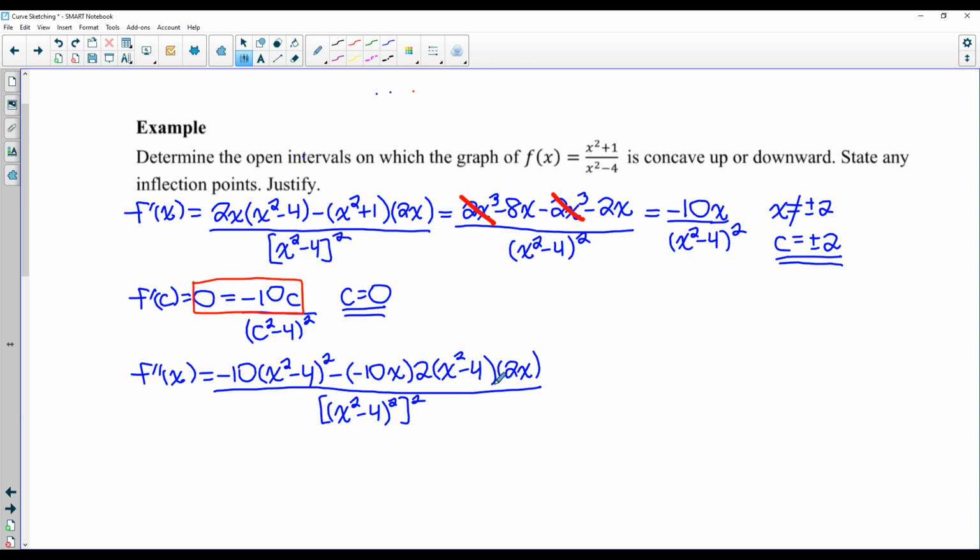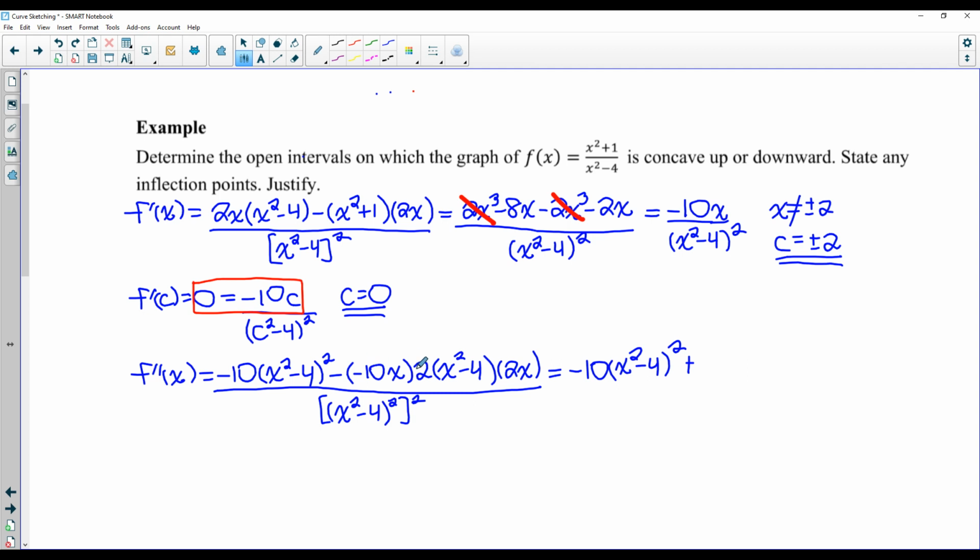Okay, let's try to clean this up a little bit. Maybe it'll make it easier to see the factors you can pull out. It might have been hard for me to see in the last one, so I was kind of getting a bit ahead of myself. So I'm not going to use the distributive property in this first part. We'll just write down negative 10, and then x squared minus 4 all squared. We'll clean this portion up though. So negative times a negative would be a positive.